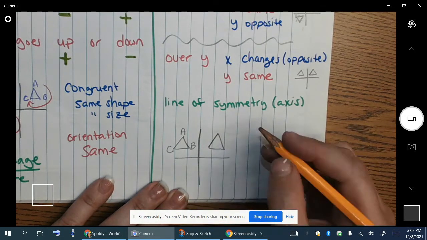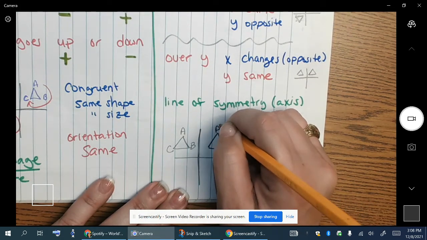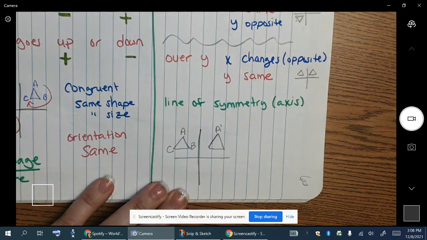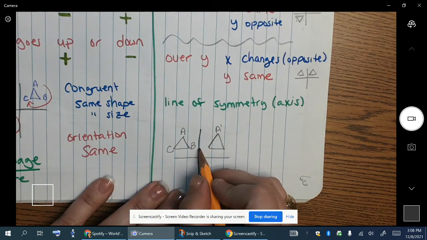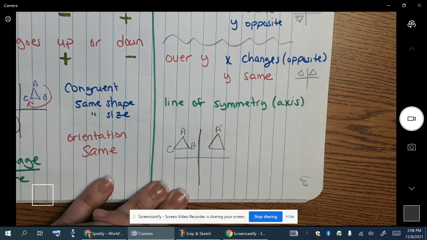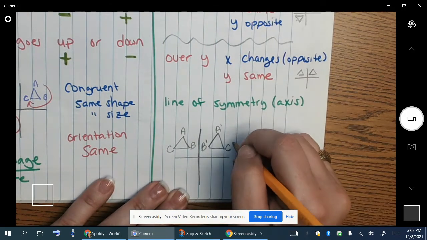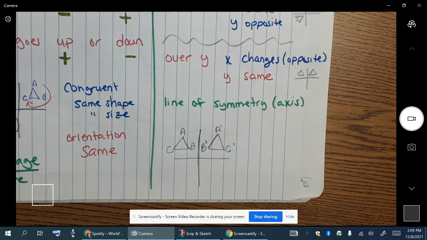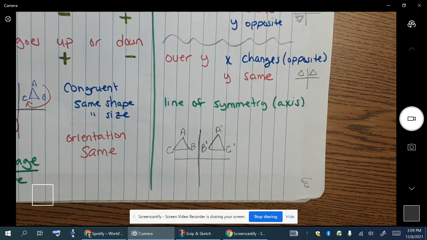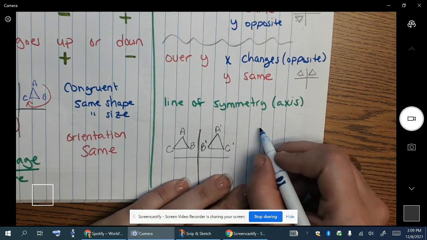What's the top point going to be? A prime. The one that's closest to the edge here, what's that going to be called? B prime. And then the edge is C prime. Do I still have triangles? Yes. So they're the same shape. Are they the same size? Yes.